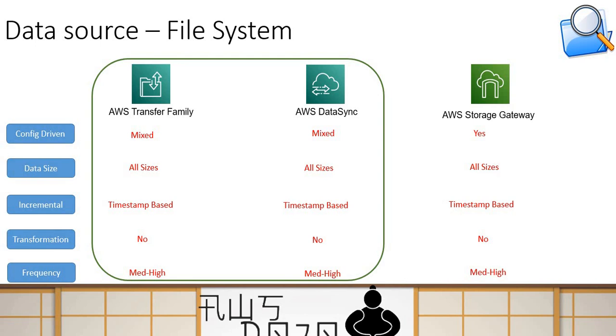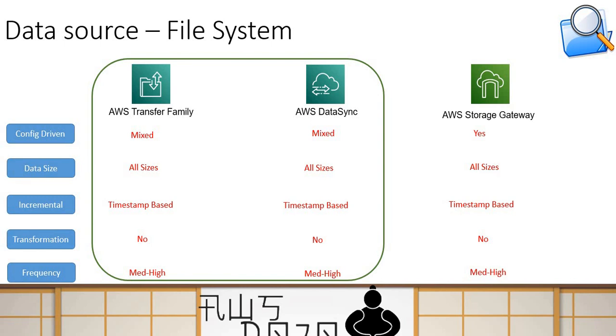So DataSync, if you can deploy a DataSync agent in your file system environment, and then you can configure the DataSync agent to simply move your data from your file system to the S3 bucket, or Transfer Family, if you are okay to provision an SFTP server in AWS with sync to S3, and then you write some kind of script at the file system level to keep dumping incremental, timestamp based data to timestamp based files to this FTP server to ingest data into the S3 bucket.